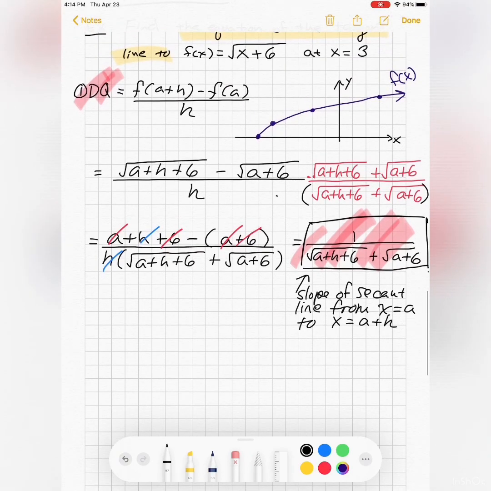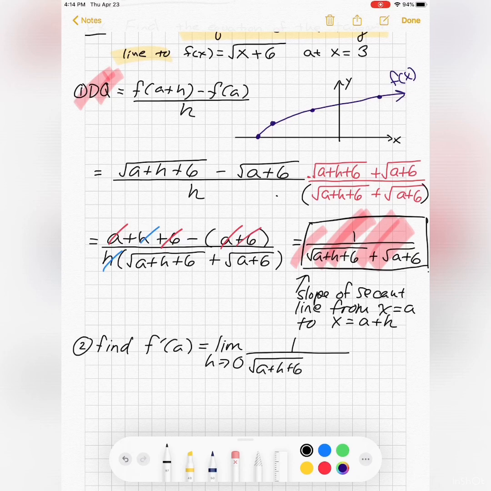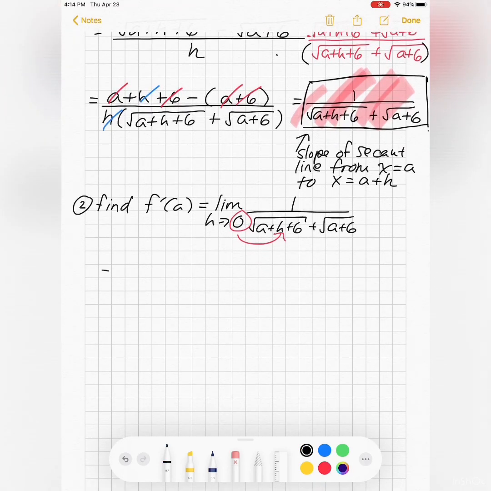So the next thing I need, step 2, will be to find the derivative. So that's the limit as h goes to 0 of the difference quotient that I already found. Okay, so now I go ahead and plug in 0 for h. So then I've got a root of a plus 6 plus a root of a plus 6, 2 roots of a plus 6.